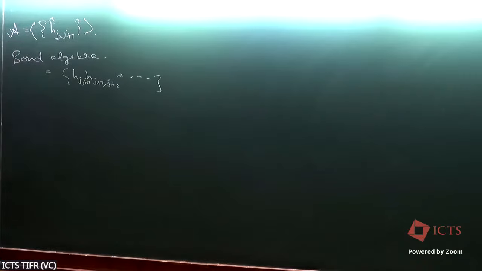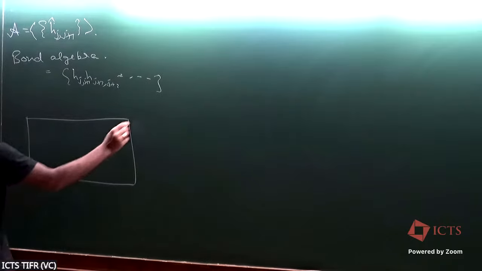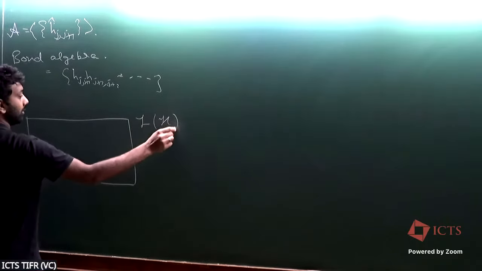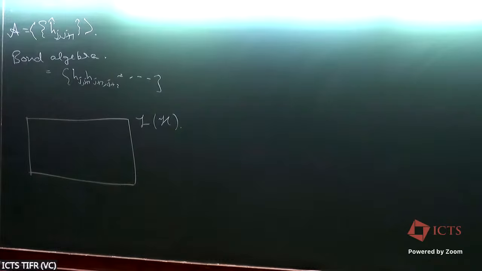So let's say this is the space of all operators on the Hilbert space. You have this algebra A, which is generated by all the terms of my Hamiltonian. You can think of these as the algebra of symmetric terms.